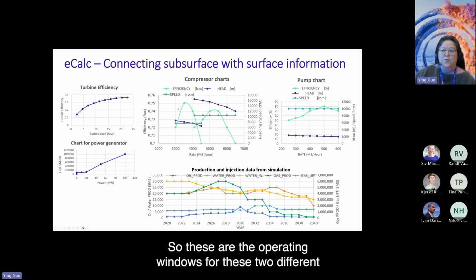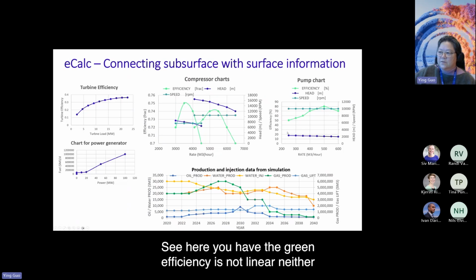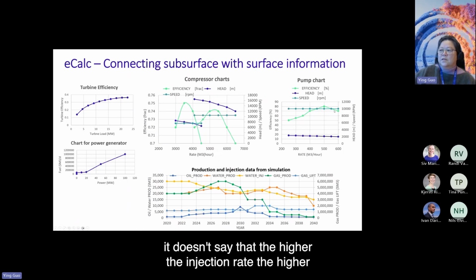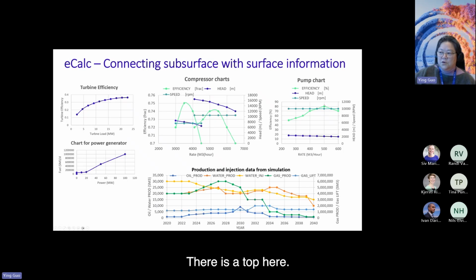So these are the operating windows for these two different compressors. And the pump chart shows the same behavior. See here, the green efficiency is not linear either. It doesn't say that the higher the injection rate, the higher the energy, because for efficiency there is a top here.